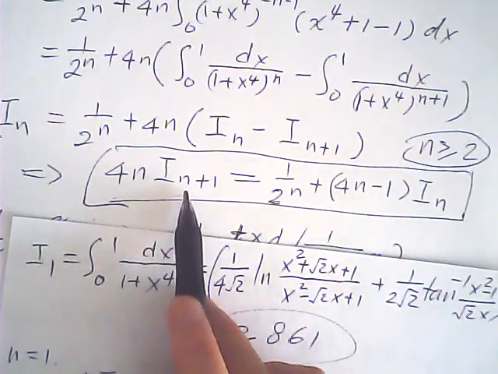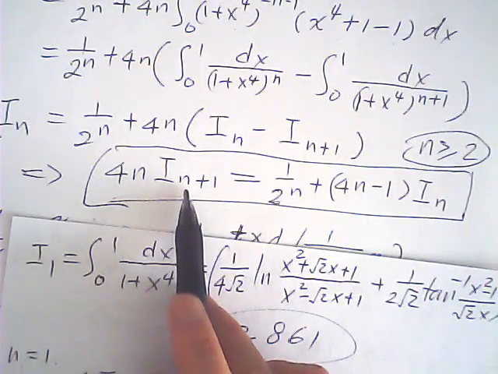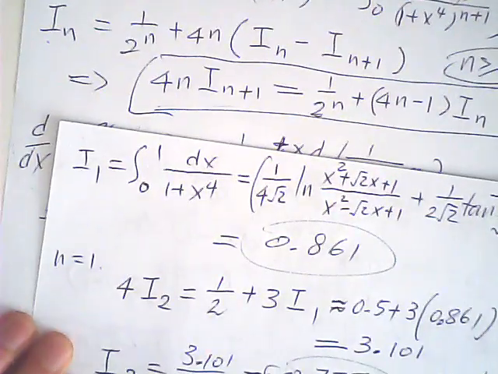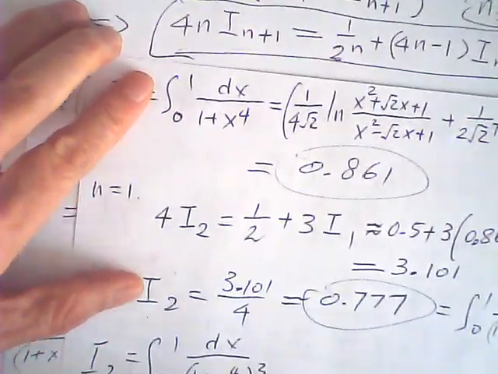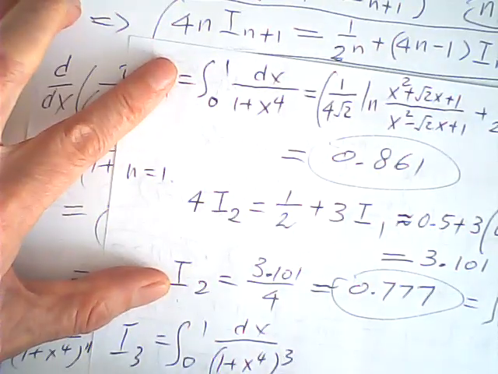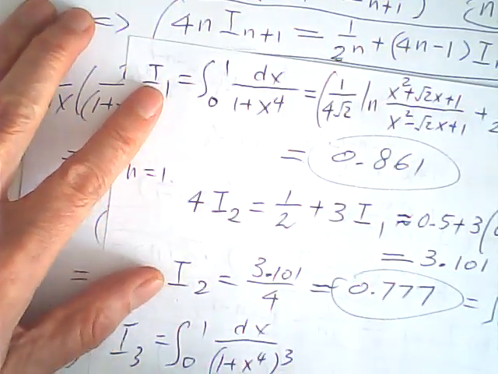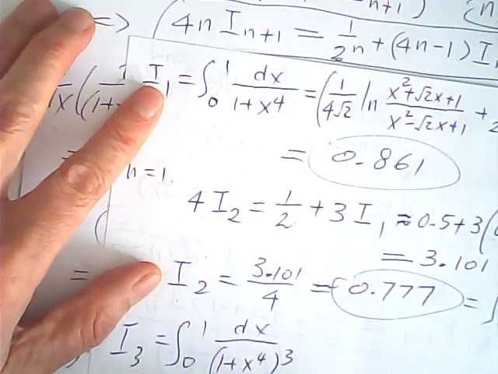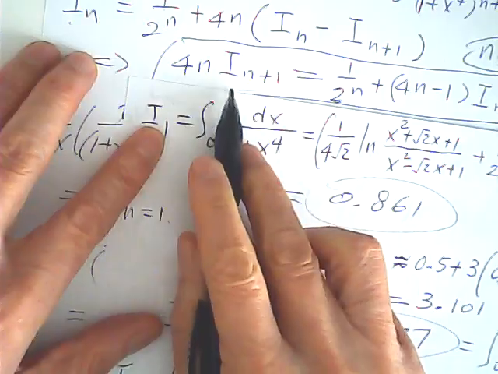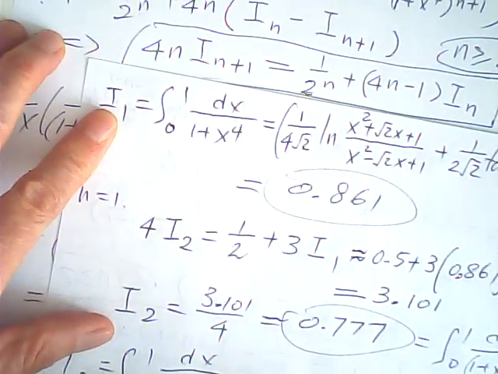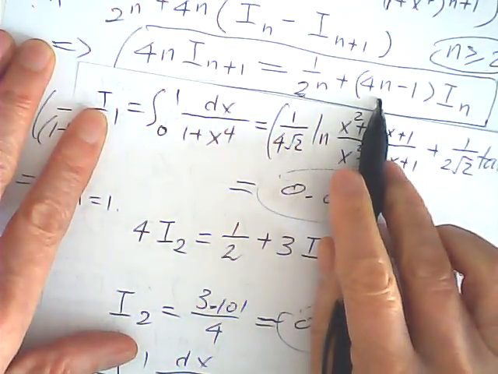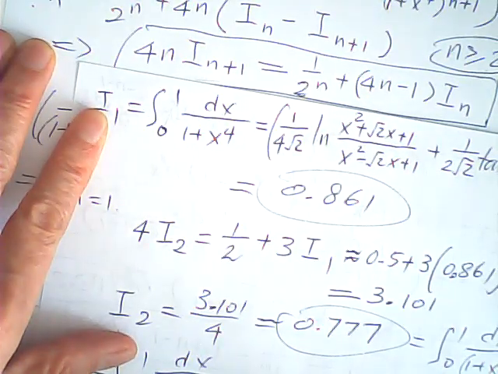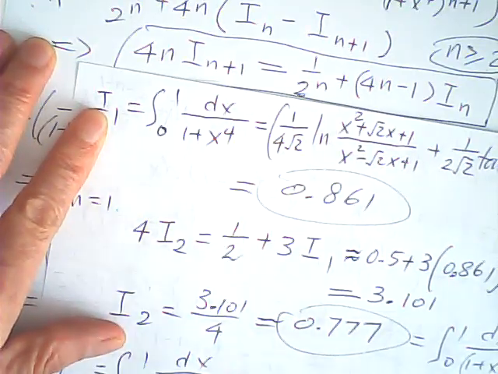So I set n equal to 2, right? For n equal 2, the formula says that 8 I3, n equal to 1, is equal to 1 over 4 plus 2 times 4 is 8, 8 minus 1 I2.